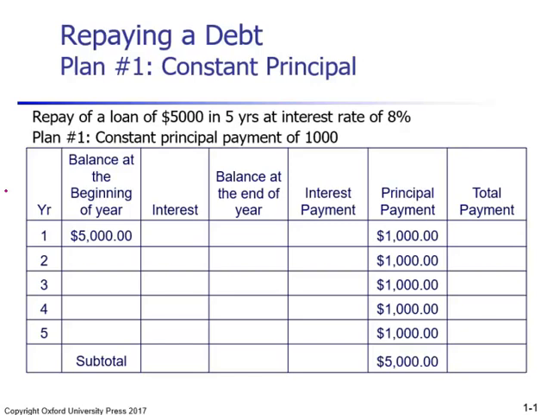And of course, if you compare it with your mortgage, or with the repaying plan of your financed car, you notice that your total payment is a fixed amount per month, but here the principal amount is the same. I told you there are many of these plans that can be devised and used.